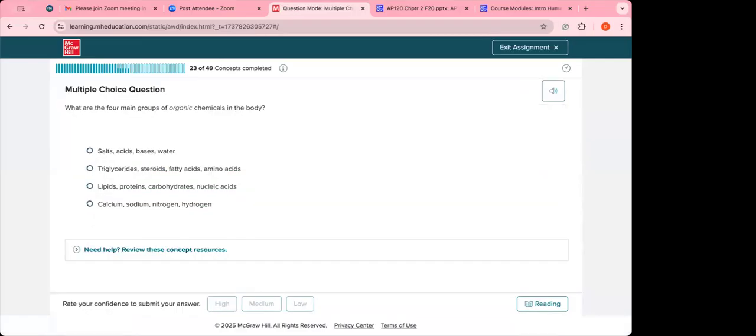Proteins also contain nitrogen. So, what are the four main groups of organic chemicals in the body? Organic chemicals. They asked you this before, but they had you choose it. Now they're having you choose the group.